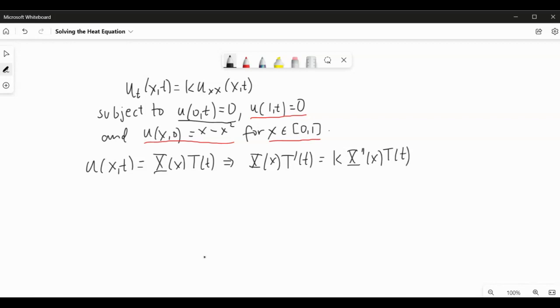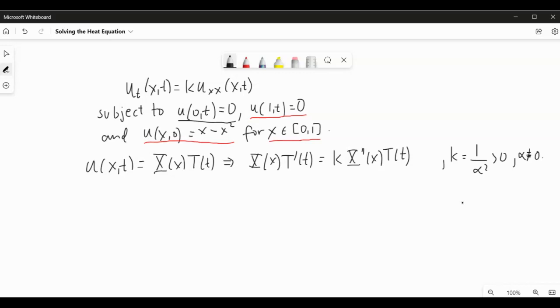Now, to simplify our calculation a bit, we will assume for the time being that k is equal to 1 over alpha squared, which is a positive number, and alpha, of course, will not be equal to 0.